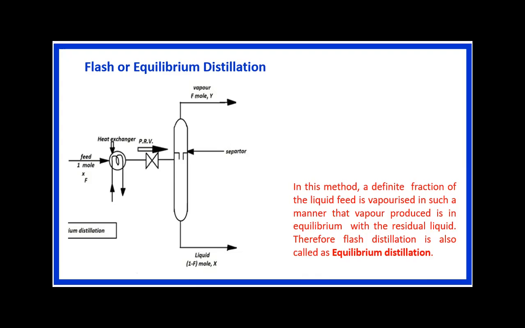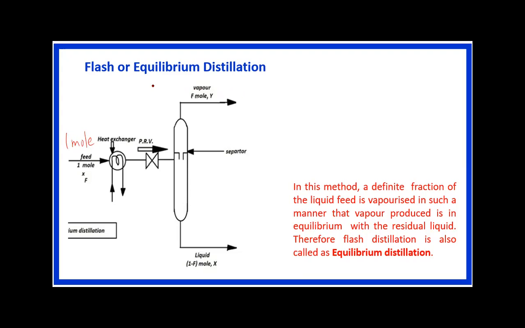So for the material balance equation, we can understand that this feed is an input, so we can assume this feed as a binary mixture. For simplicity, that is the combination of MVC and LVC or A and B, and we can assume that this feed is 1 mole. So after feeding this 1 mole feed through the heat exchanger and PRV, then in the separator they are going to separate into the vapors and liquid.